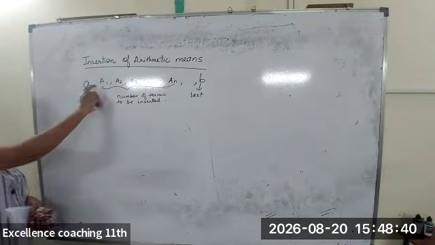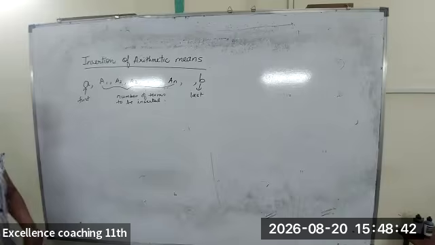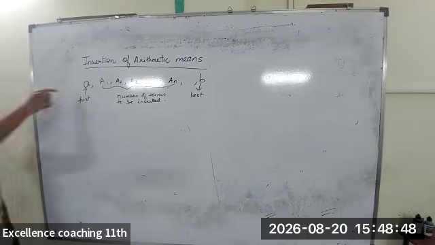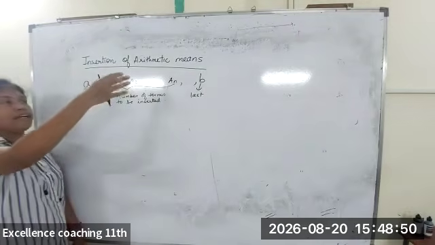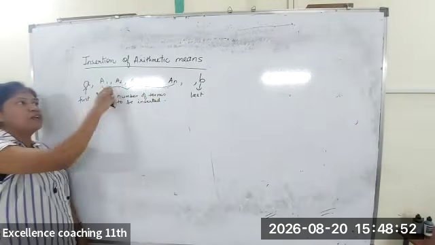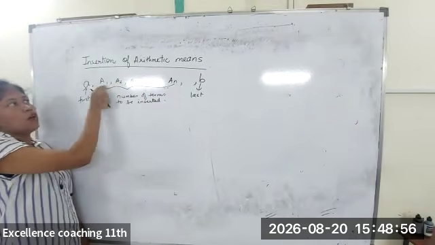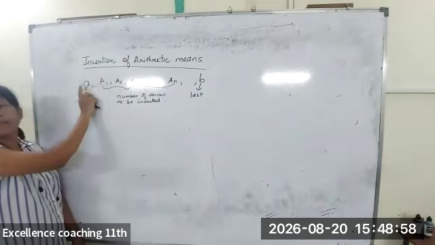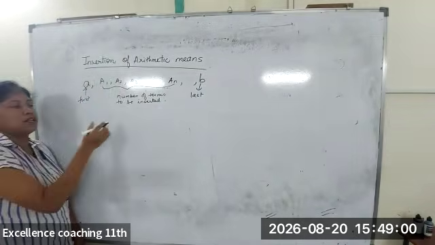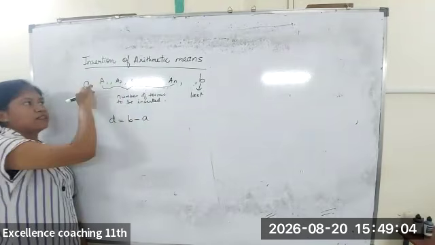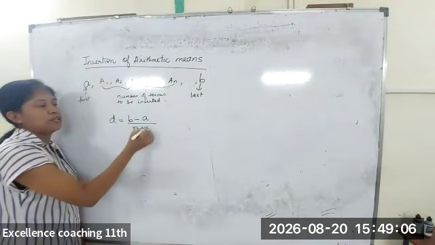Now, depending on how many terms you have to add, you'll first have to calculate the common difference. They will not give you the common difference, only the first and the last number will be told, and say add 5 terms. Then you have to break that first and last term in such a way that they are always in AP, like second minus first should be the same as third minus second. So this is the formula where you can calculate: last minus first upon n plus 1.